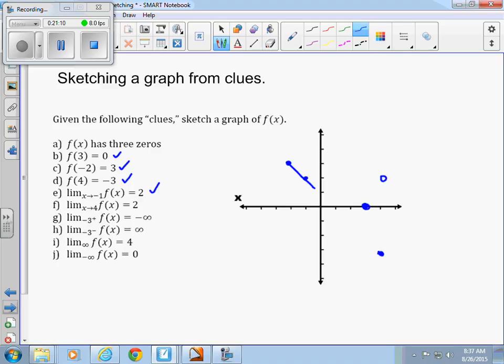There's already a point there, right? Down here? I glanced down, but I didn't glance up. So f of 4 is -3. How can I make the limit equal 2, but still have that point down there and not mess that up? I'm kind of giving you a hint by drawing that little open circle. Draw the graph around the hole, right? But leave the point down there.